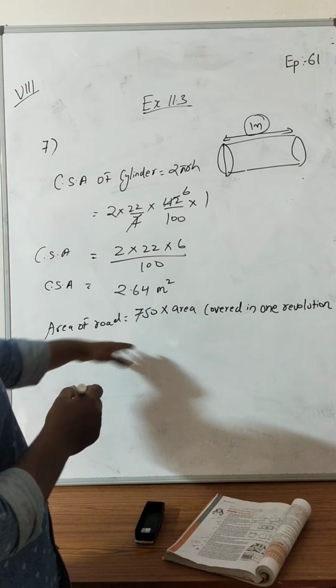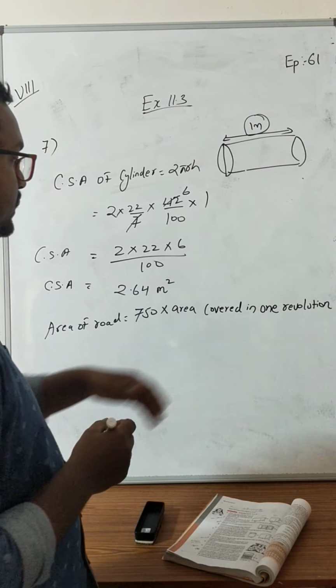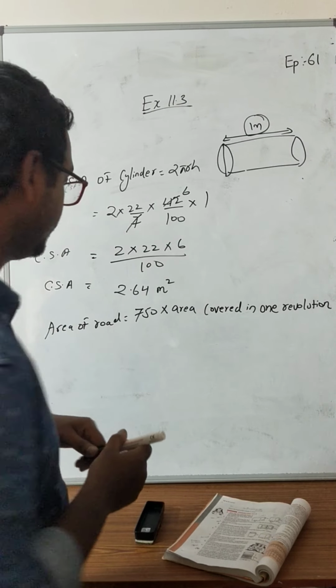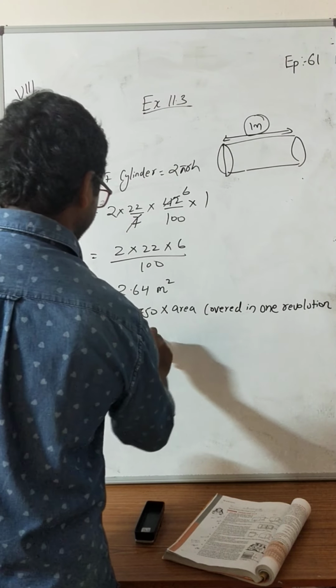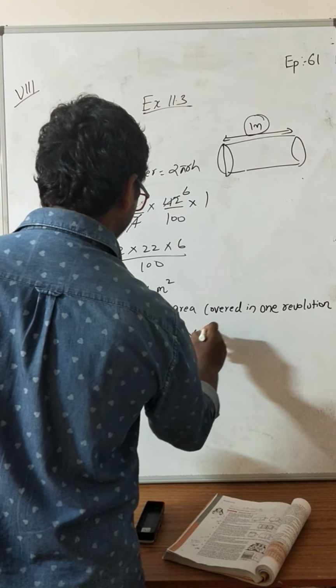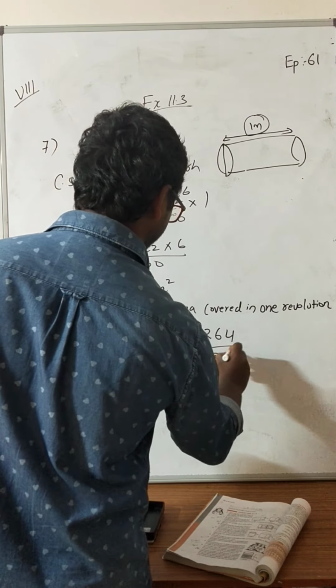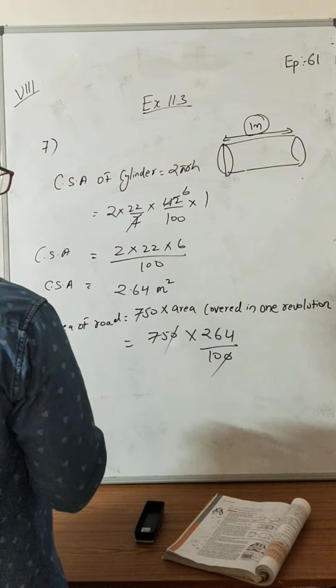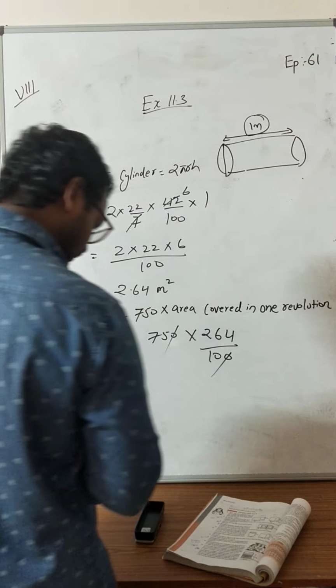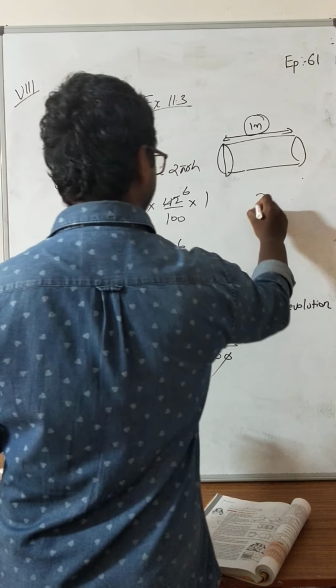Area covered in 1 revolution is 2.64, which can be written as 264 by 100. This 10 and this 10 will get cancelled. We have to multiply 264 into 75.